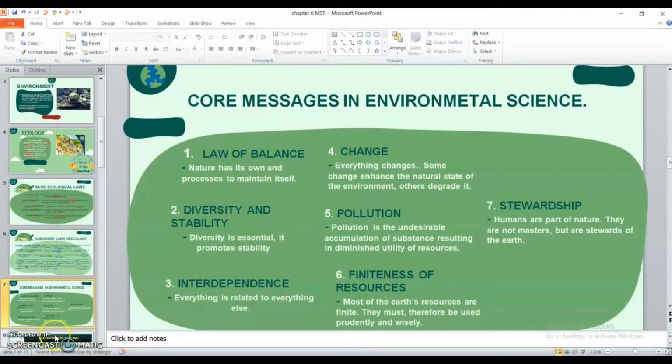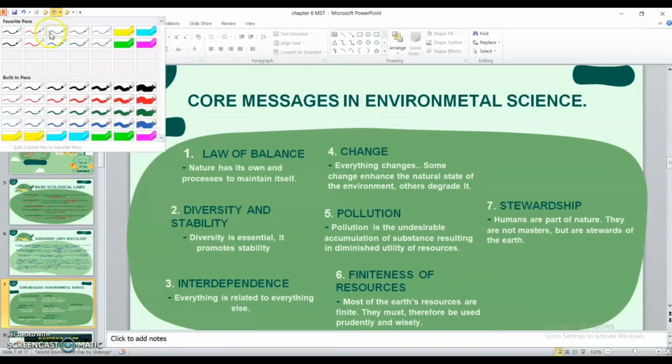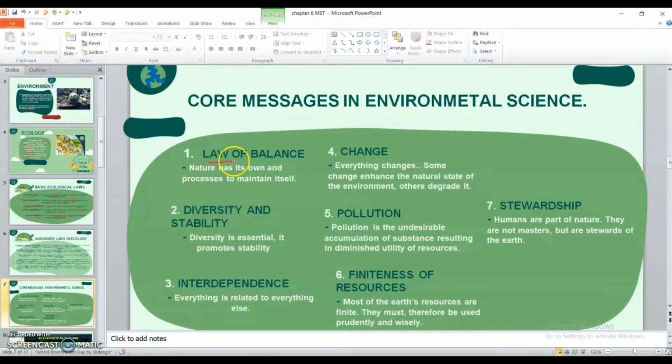The next one is the core messages in environmental science. First is the law of balance. Nature has its own process to maintain itself. Ecosystems are capable of self-maintenance and self-regulation. Under the law of balance, human activity should be consistent with the laws and processes in nature.